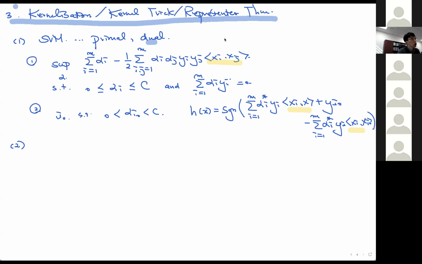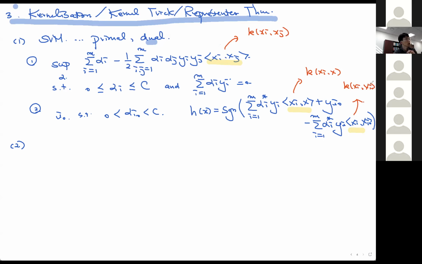So if you use a kernel K, then we can replace the first one by the kernel applied to xi and xj. And this one can also be replaced by the kernel k of xi and x. And this one also can be replaced by the kernel k of xi and xi0.